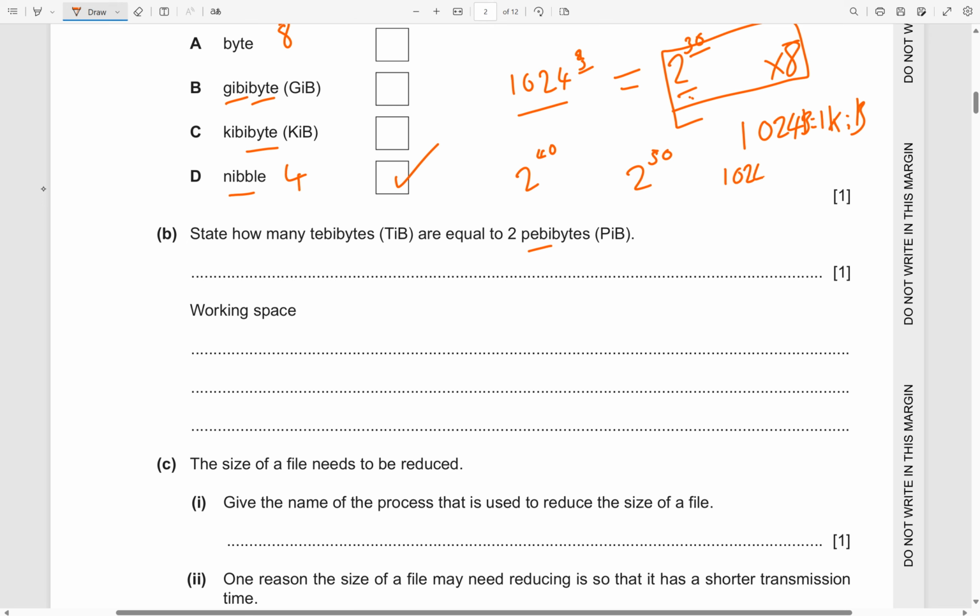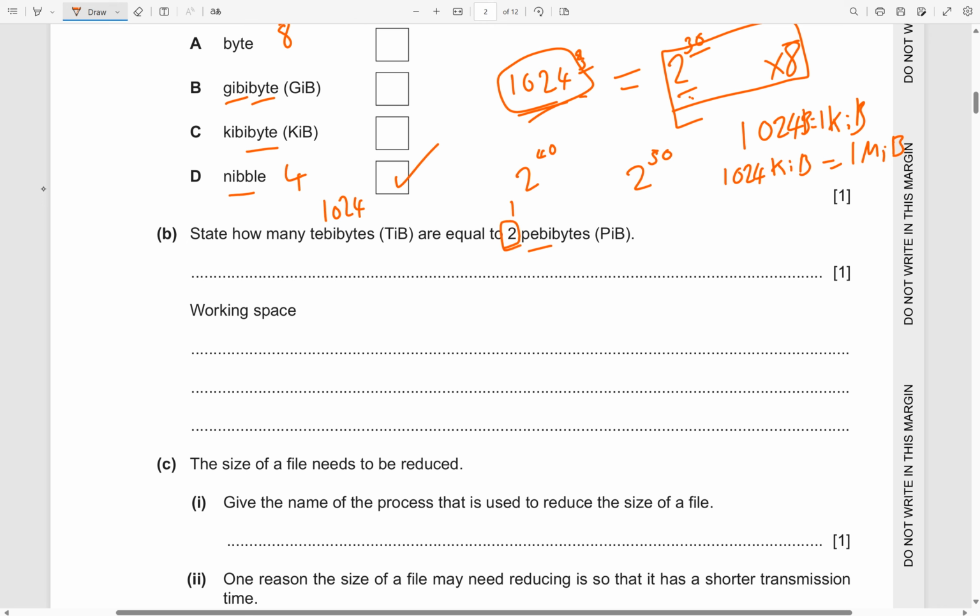Then the next one: 1024 kibibytes is equal to 1 mebibyte, and the reason for that is the power rules we set up here. That pattern carries on, so 1024 mebibytes is equal to 1 gibibyte, 1024 gibibytes is equal to 1 tebibyte, and therefore 1024 tebibytes is equal to 1 pebibyte.